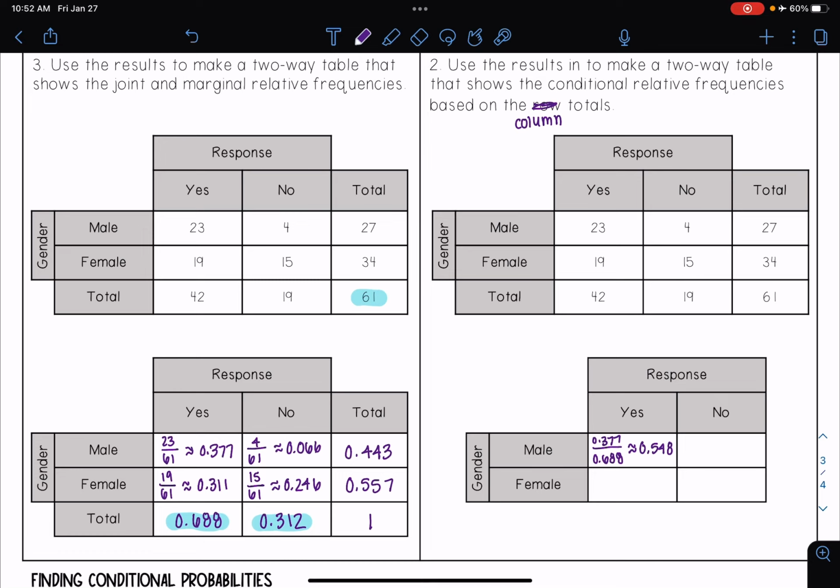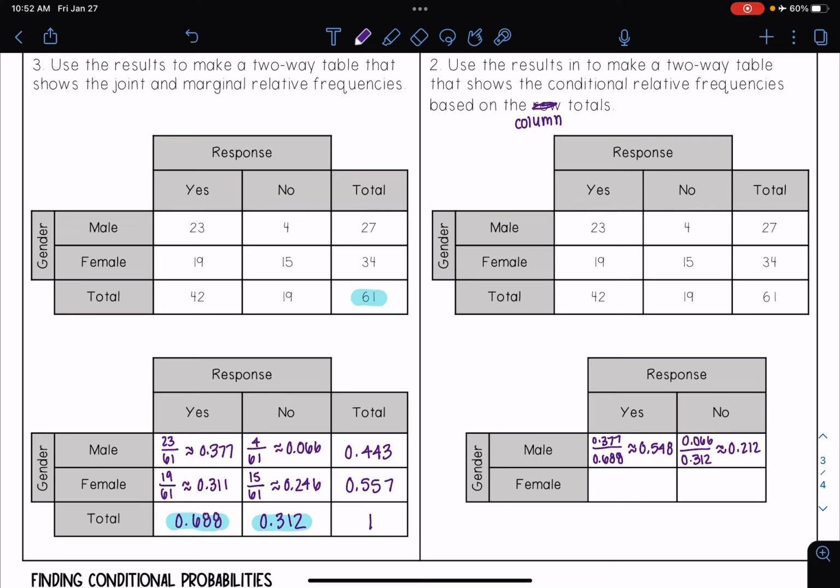And then I'm going to keep on going. So I want to have 0.066, I'm going to divide that by that column total, which is 0.312. And I get approximately 0.212.